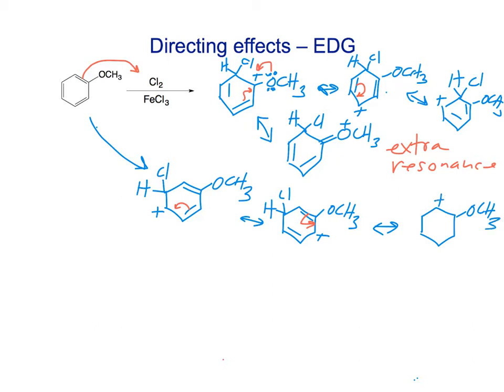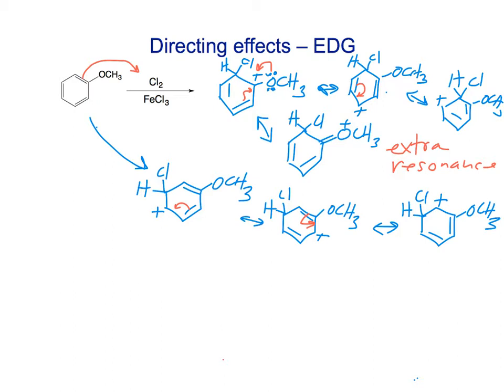All right, so then we get the plus here, here. Okay, we get to here. So these are the only three that we can draw. We don't have any extra ones in this case by having the methoxy group there. Okay?